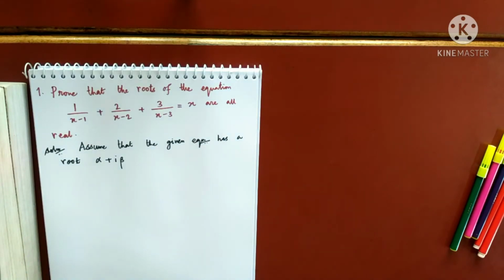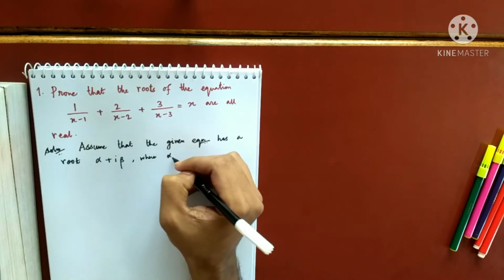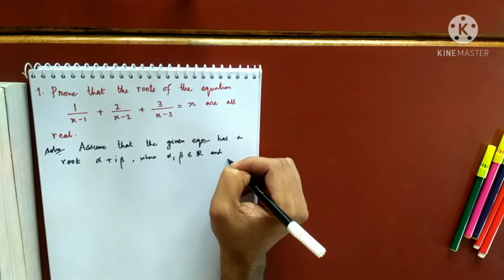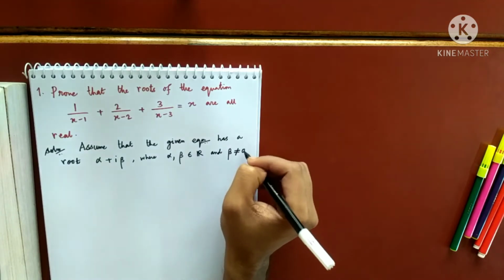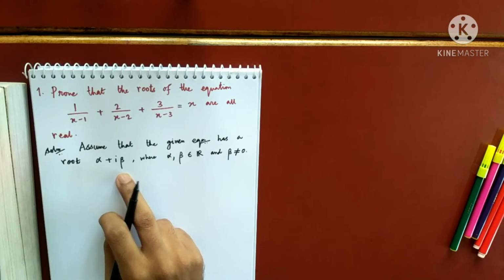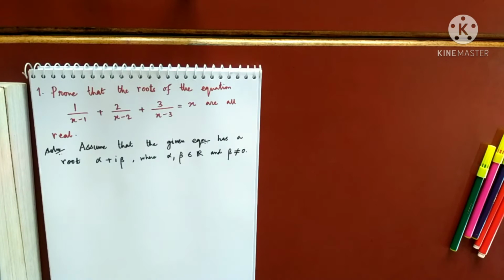I'm assuming that this equation has a complex root alpha plus I beta, where alpha and beta are real numbers. One more thing to note is beta not equals to 0, because if beta is 0, this will no more be a complex root, that becomes a real root alpha. So beta should not be 0.